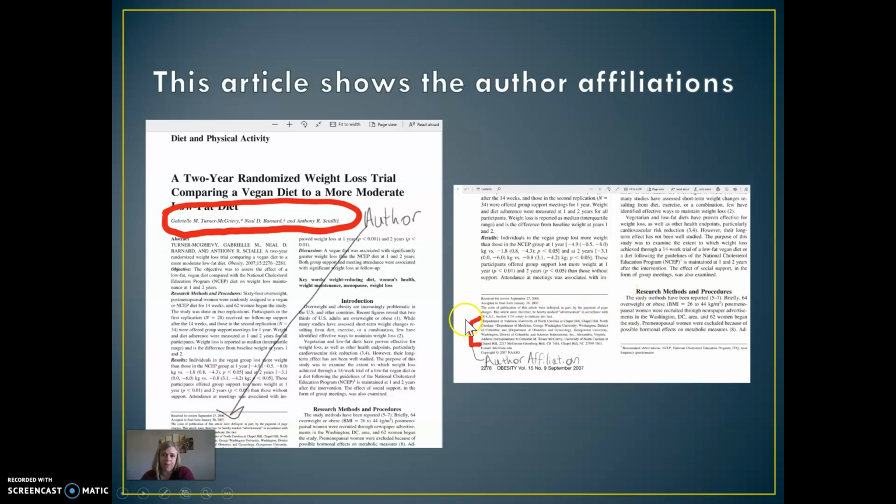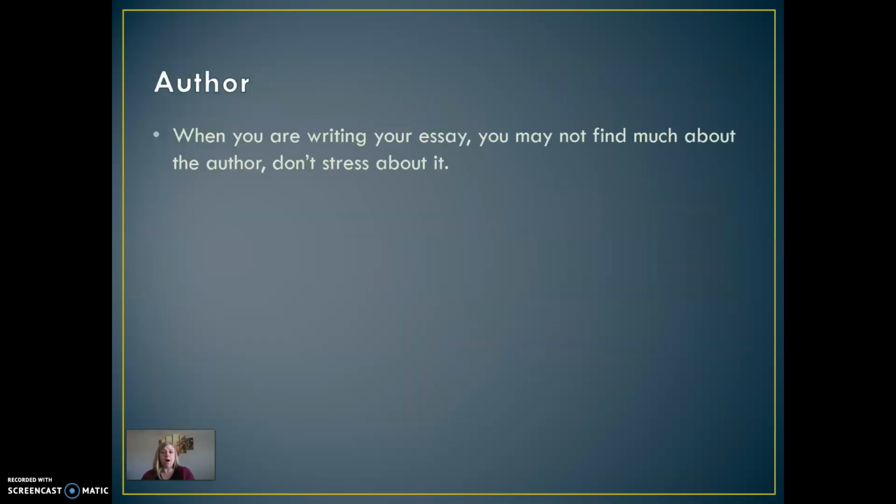And so I blew that up and it actually told us where the author worked. So sometimes you can find that, sometimes you can't. So that might be one place where you find affiliations. But really, here's the big thing with this. You may not find much about the author, and don't stress about it, because this is only one part of a bigger paragraph. So you're going to have a whole paragraph on author, audience, purpose.